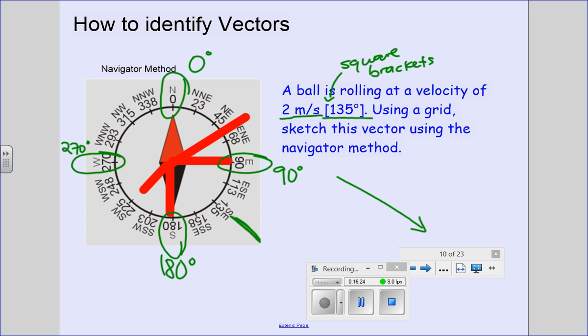Now it's possible that instead of using north and south and east and west, we could use something a little simpler. So in addition to north, south, east, and west, we could also use up, down, left, and right.